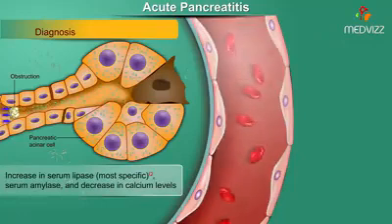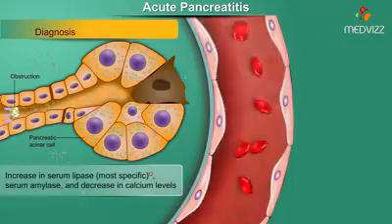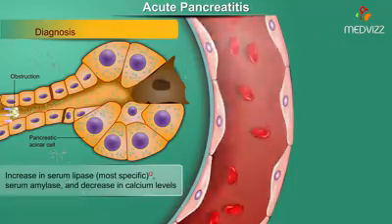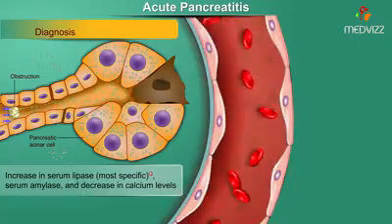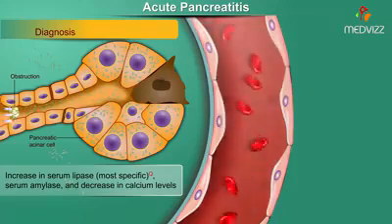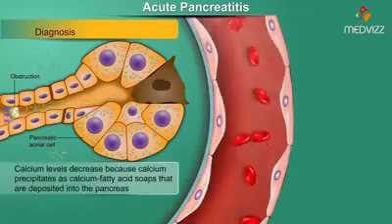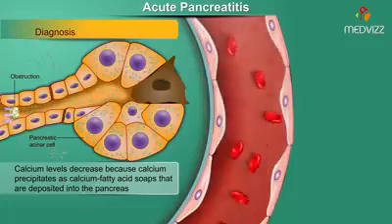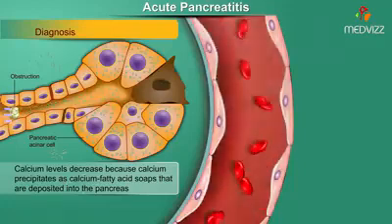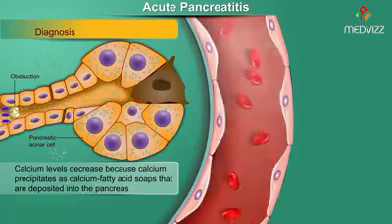Therefore, there will be an increase in serum lipase, which is most specific, and then there will also be an increase in serum amylase and decreased levels of calcium. Calcium levels decrease because calcium precipitates as calcium fatty acid soaps that are deposited into the pancreas.